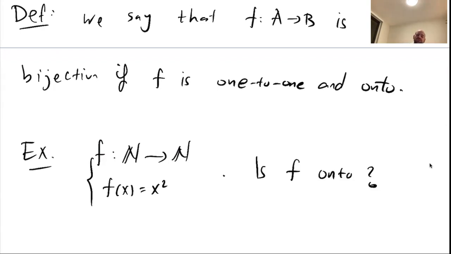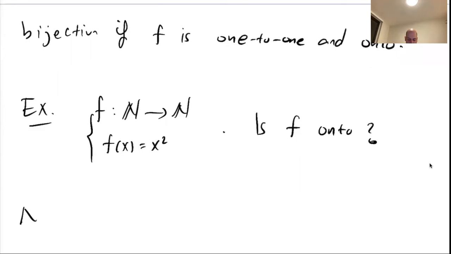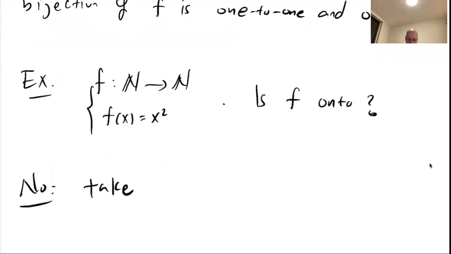In mathematics, if you want to show something is not right, we just need to give one counterexample. So let's give one counterexample. Take some b, let's say b equals 2, which is in the codomain.